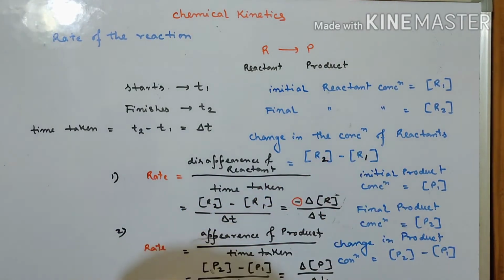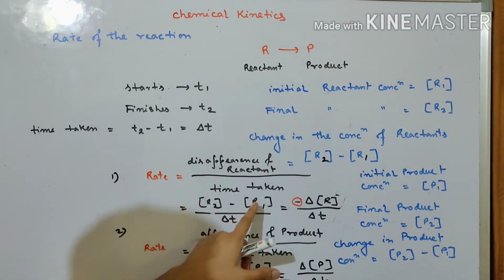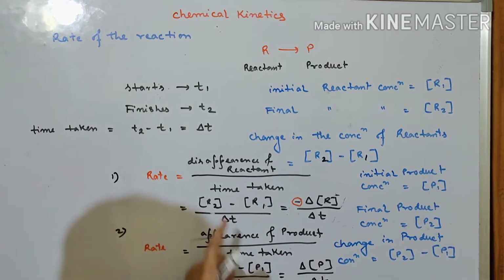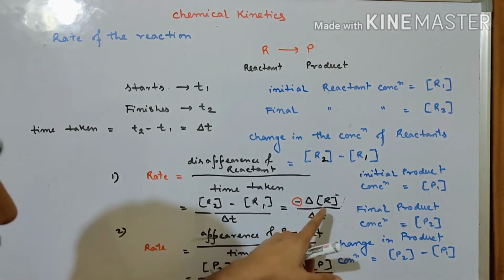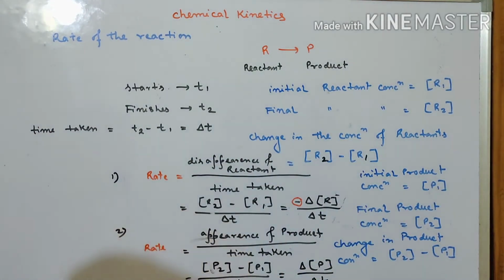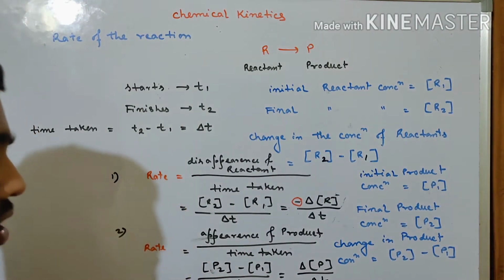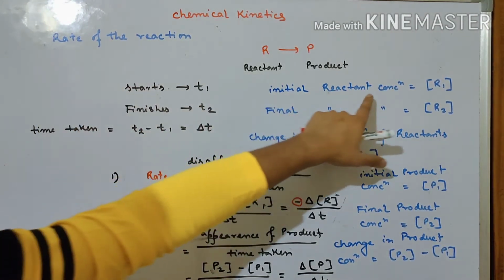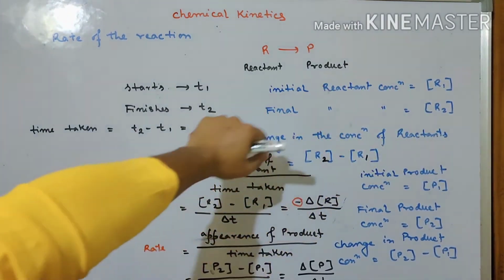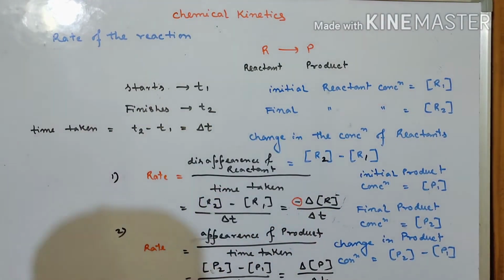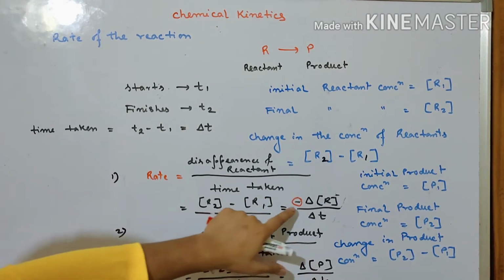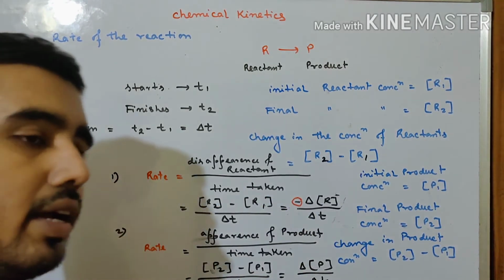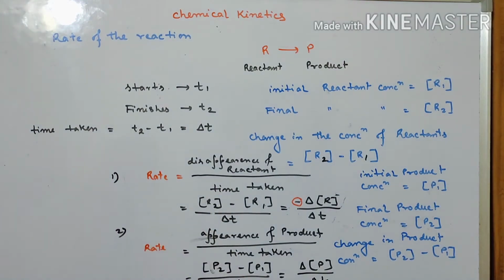Here I have written the opposite one mistakenly, so here it is R2 minus R1, and here it is P2 minus P1 by delta T. But there will be a negative sign since R1 is greater than R2, because obviously the initial reactant concentration will be higher than the final reactant concentration. So this is how we define the rate of a chemical reaction, either with respect to reactants or with respect to products.